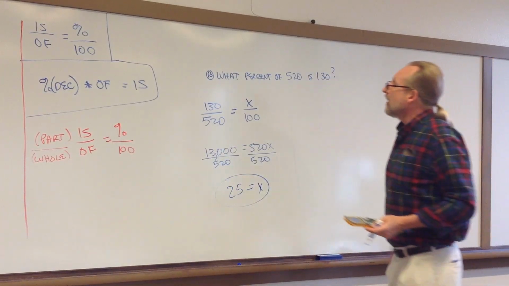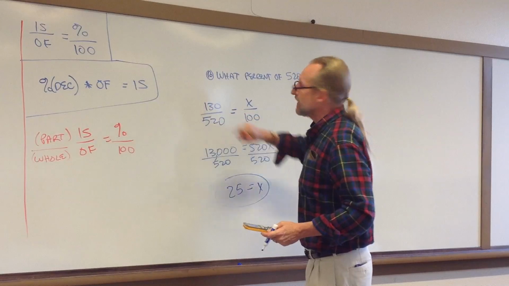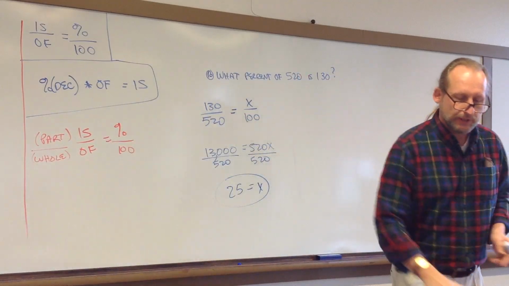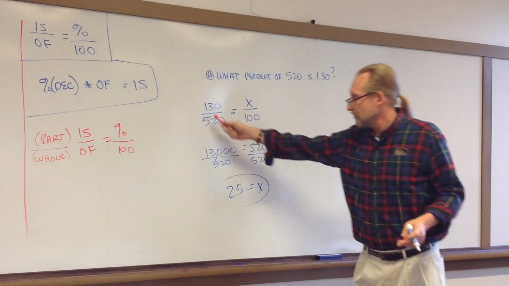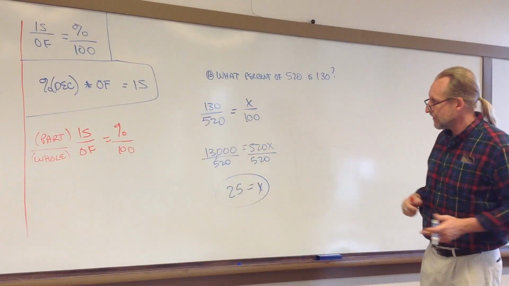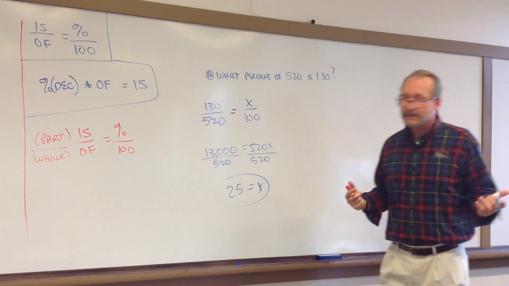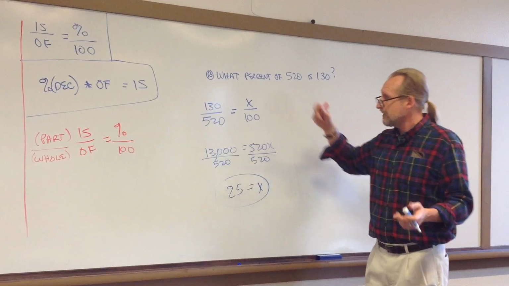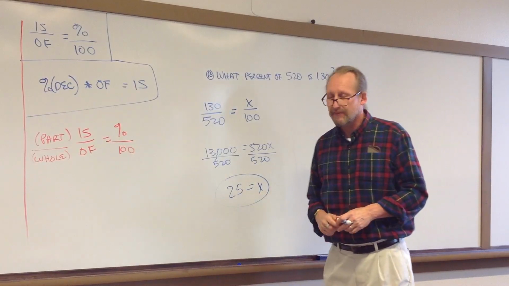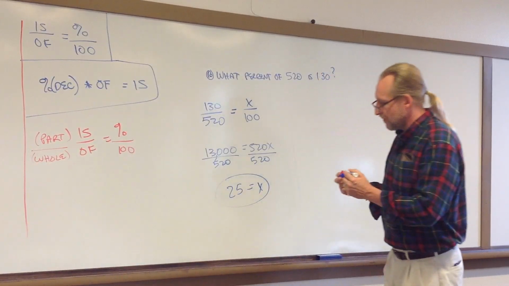Now, frequently, this was what I was saying before about different methods for solving this. If you just do 130 divided by 520, that'll give you 0.25. And then if you change that into a percentage, it'll be 25%. So that's another way to approach this.